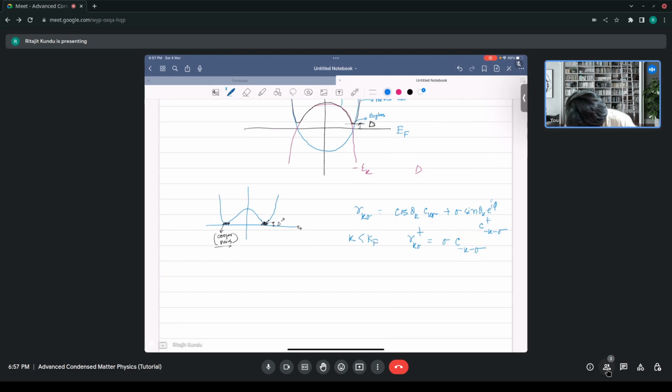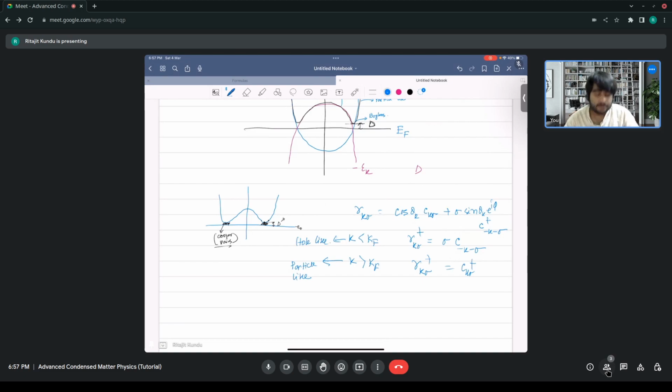And if you are beyond the Fermi momentum, then you have gamma_k sigma dagger as c_k sigma. So it becomes clear that far from the Fermi momentum, the excitations become particle like, and within the Fermi momentum the excitations become hole like.